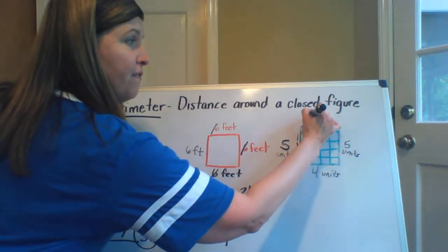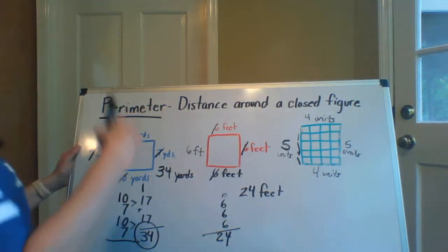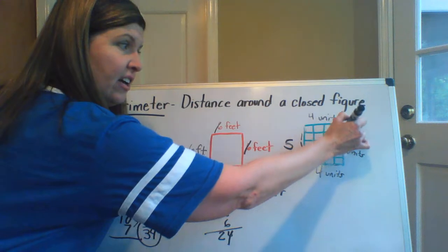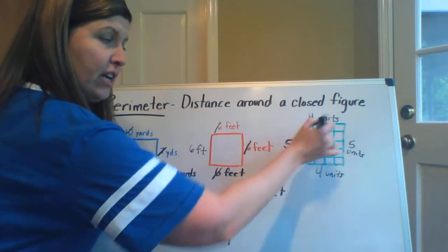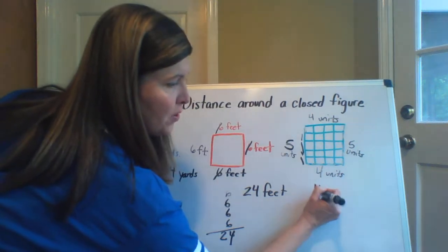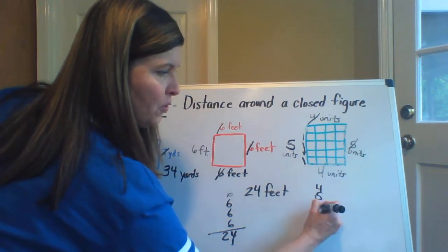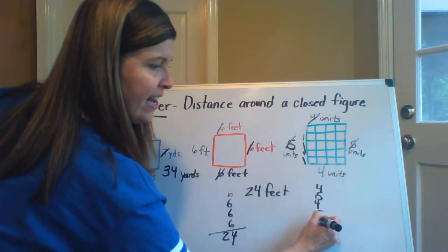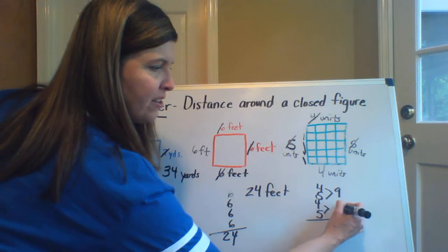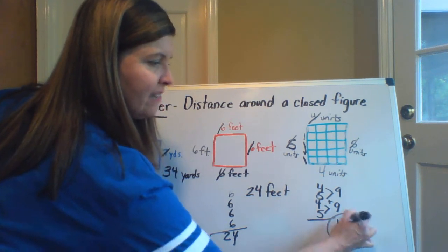It's going to be 4 units. Now to figure out the total perimeter, we're just going to be adding those measurements together. So we're going to do 4 plus 5 plus 4 plus 5. I'm going to do this to make it a little easier. I'm going to combine those two. 9 plus 9, everybody knows, is 18.